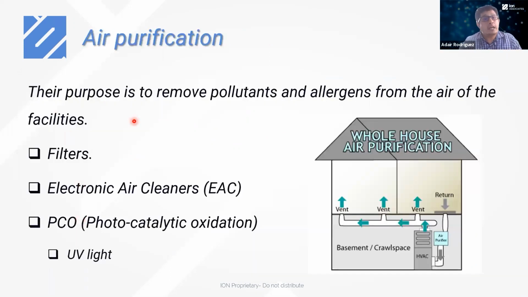Talking about another trend, we will find air purification. A little bit of background: when we talk about air purification, we will find filters, which can be the normal filters that we find in the industry, but also electronic ones, or others that also implement electronic components for photocatalytic oxidation, or filters or systems that use chemical processes.